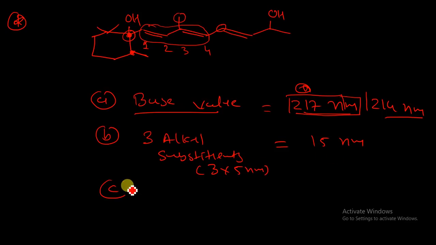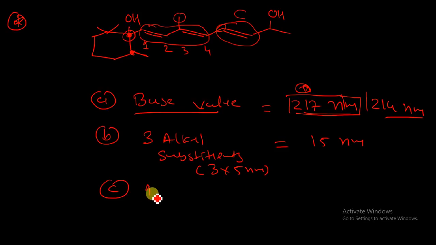Next you have to consider whether we have extra conjugation. Here I have a double bond, single bond, double bond, single bond and double bond, so there is one extra conjugation. For each extra conjugation you have to add 30 nanometer.